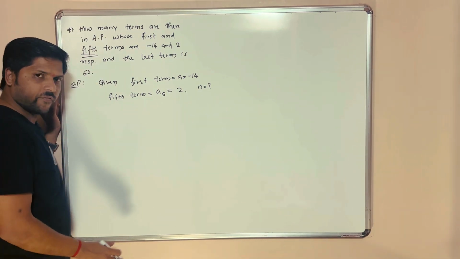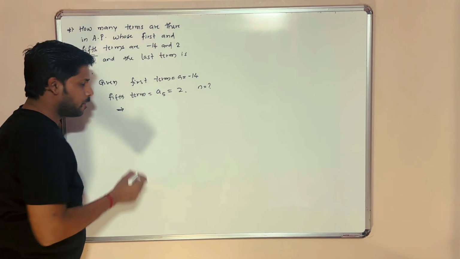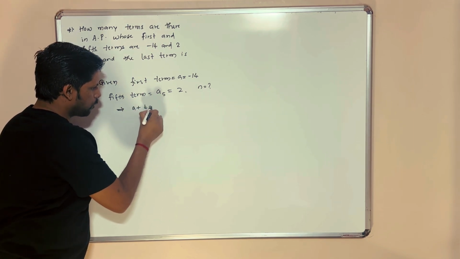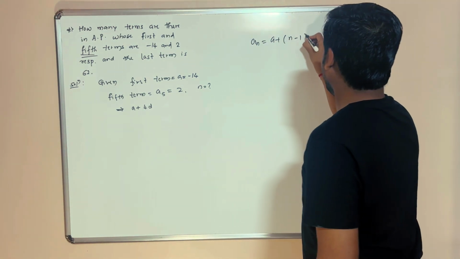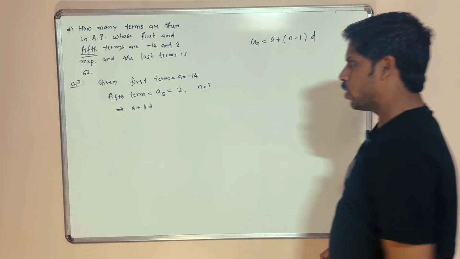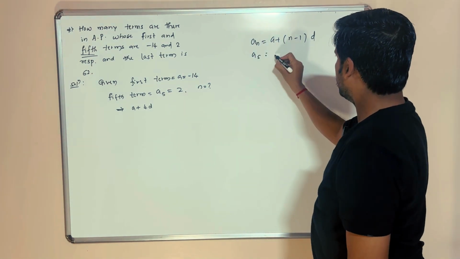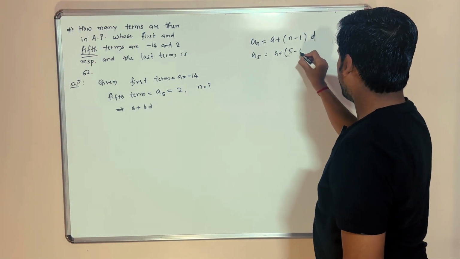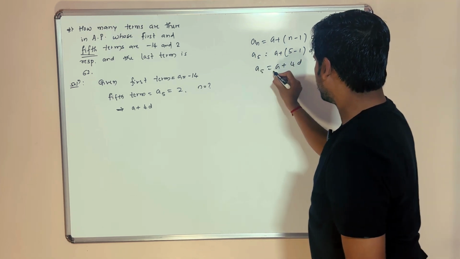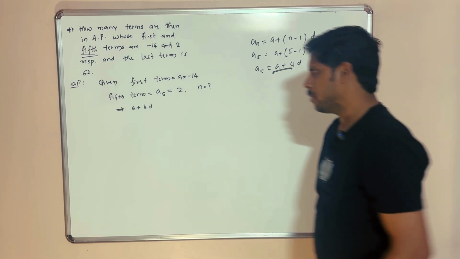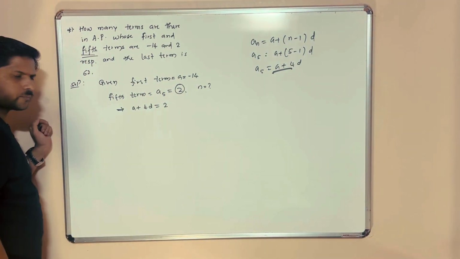So to get the common difference, first we solve a5. What is the fifth term? a plus 4d, because we know that an is equal to a plus n minus 1 into d. Here n is equal to 5, so a plus 5 minus 1 into d, that is a plus 4d. So a plus 4d is equal to 2, as given.